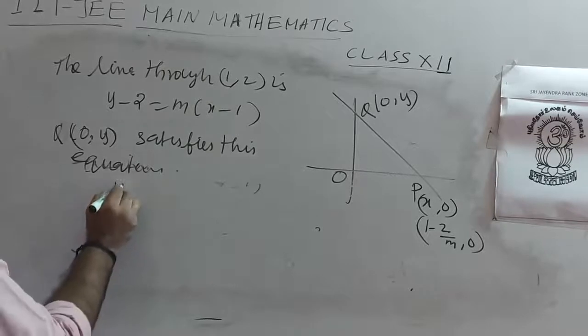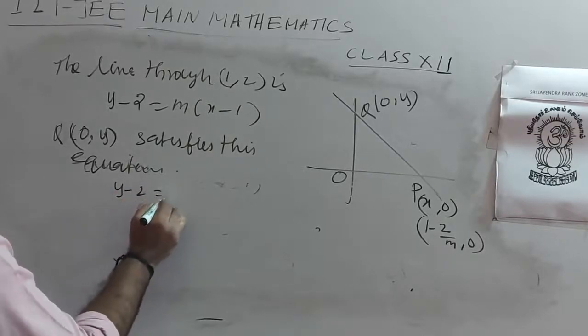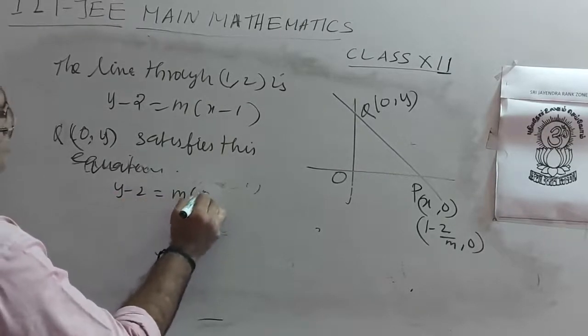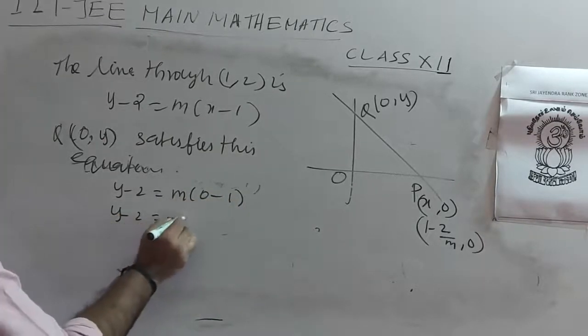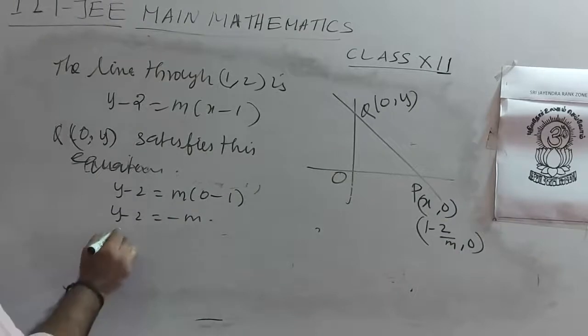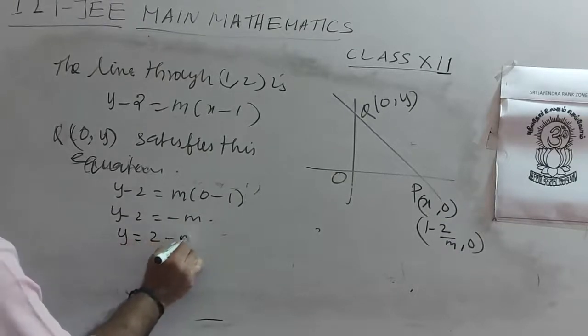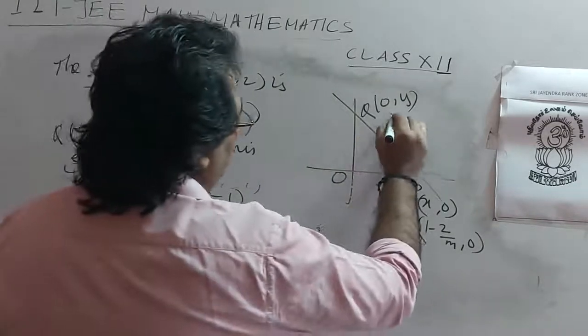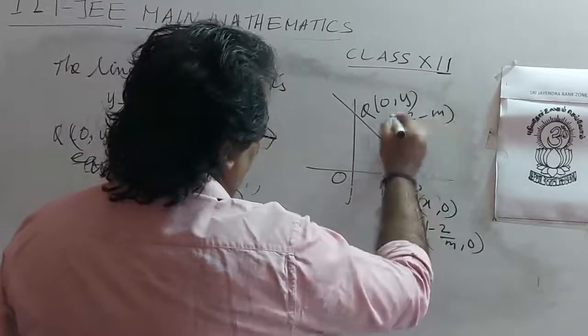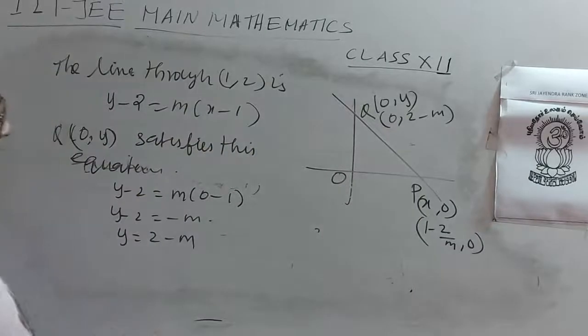So y minus 2 equal to m into 0 minus 1. y minus 2 equal to minus m. y equal to 2 minus m. So this is (0, 2 minus m).